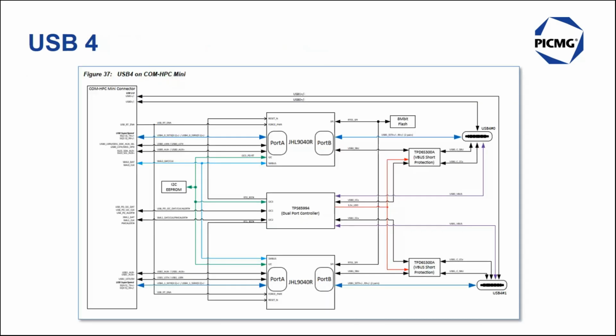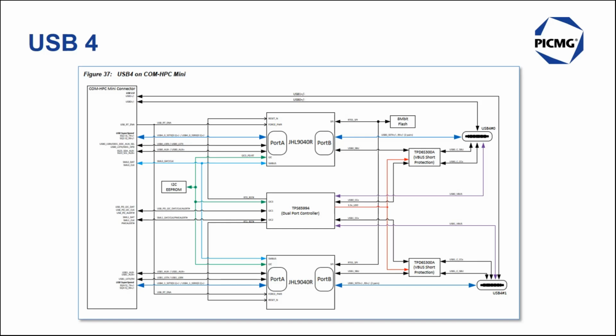There are also a few examples where there is no reference schematic but block diagrams of the required carrier circuitry. Sometimes a block diagram is easier to understand than a schematic. For other examples, such as USB 4, the PICMG is not allowed to insert the schematics into the design guide. However, a very good compromise was found with a block diagram in this case.